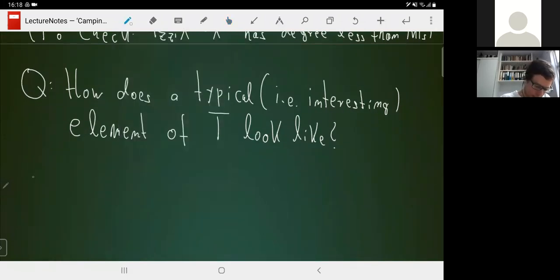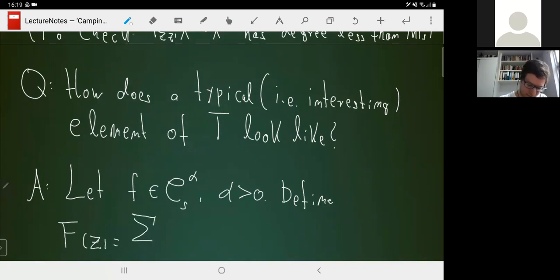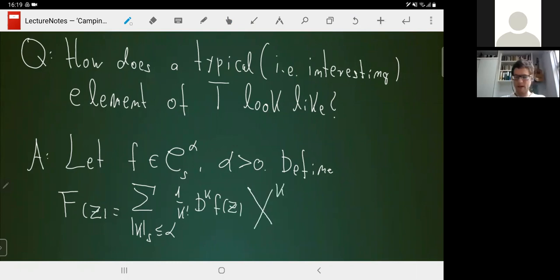Assume you have some kind of Hölder continuous function, alpha positive. Then we define an element of T like that. Capital F of z is the sum over all k with |k|s less or equal than alpha, 1 over k factorial, kth derivative of f at position z, x to the k.